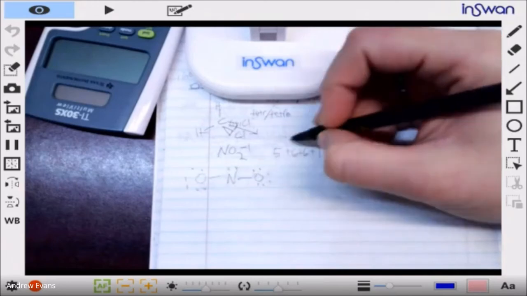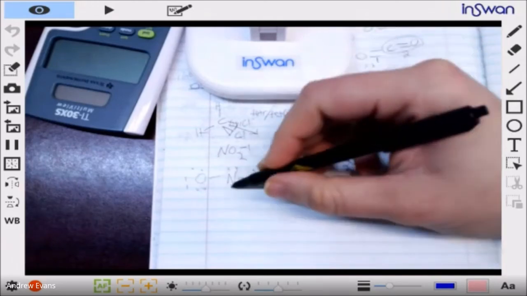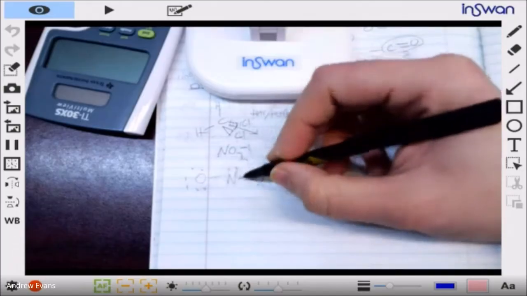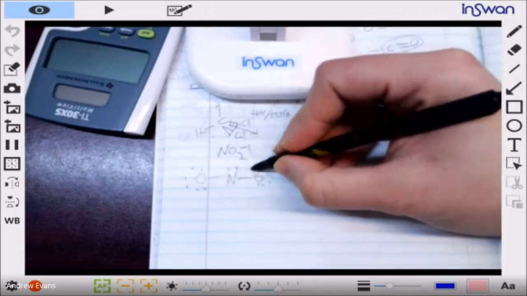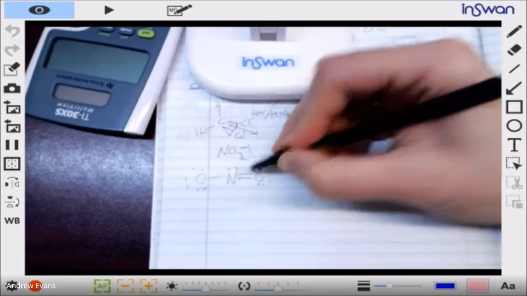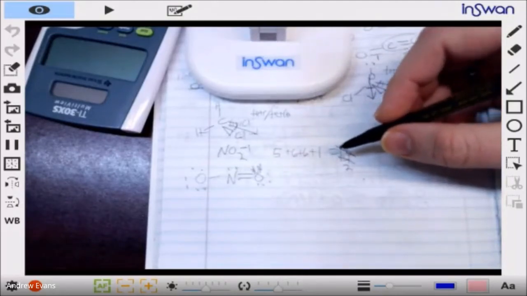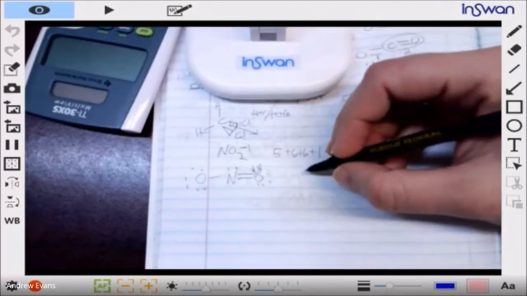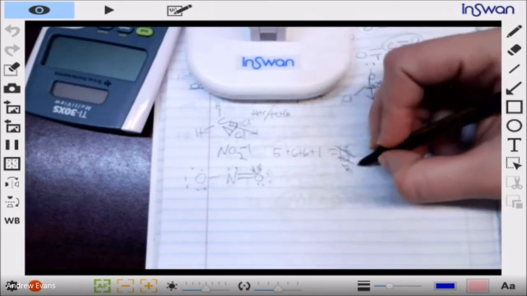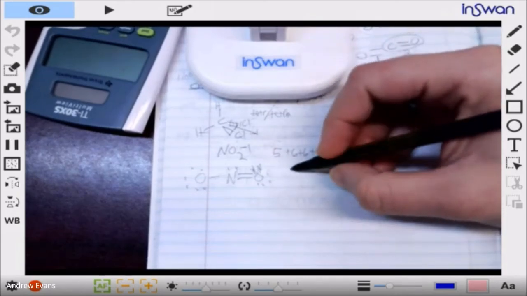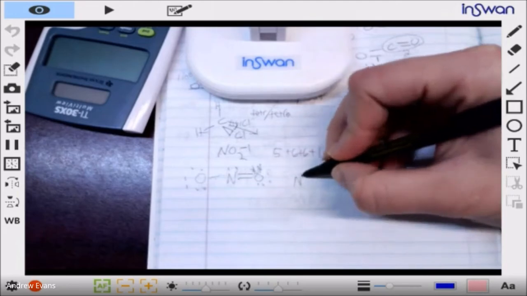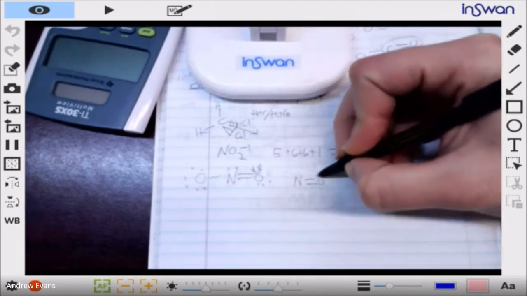Now, nitrogen has 2, 4, 6 electrons. We're going to make a double bond. Now we have a valid structure where we've used up all of our electrons. Now for a question: is there more than one resonance structure we could draw?